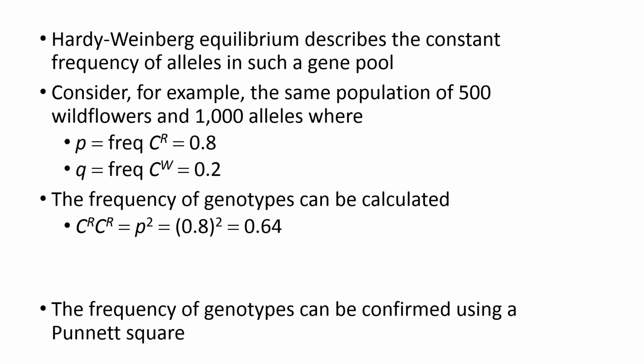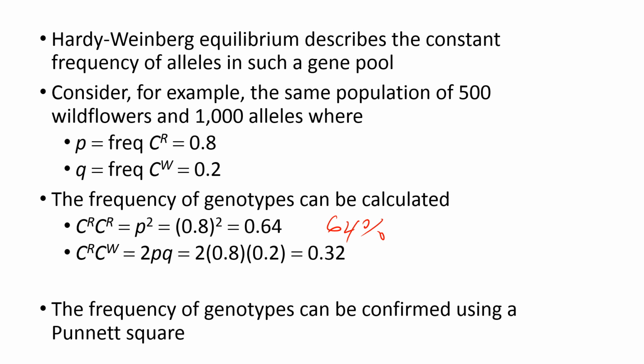So 0.8 squared, or P squared, is 0.64, so that's 64%. For the pink flowers, 2PQ, 2 times 0.8 times 0.2 gives you 0.32, or 32%. And individuals with white flowers, Q squared, 0.2 squared gives you 0.04, or 4%.